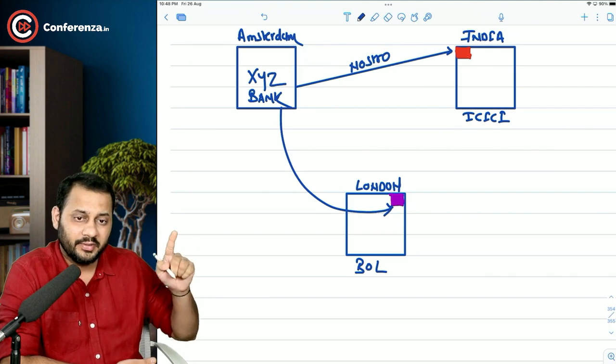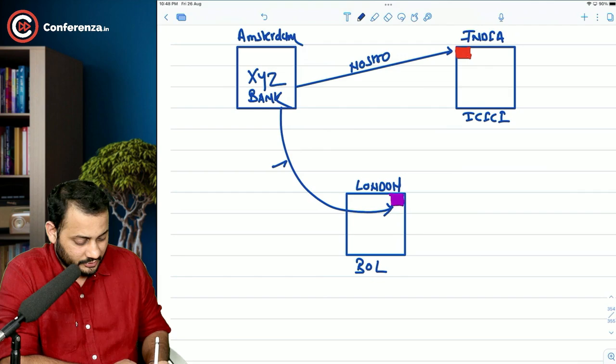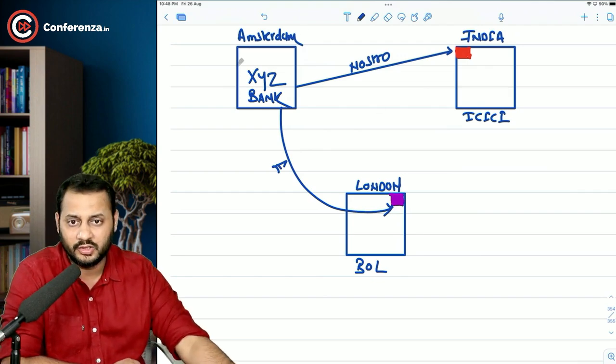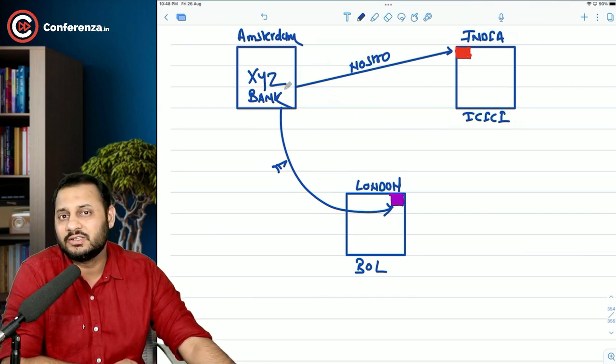XYZ Bank credited some amount in pounds to this account, which is called the Loro account. If this is the Loro account for XYZ, it means the account is not of XYZ, nor is the bank of XYZ.